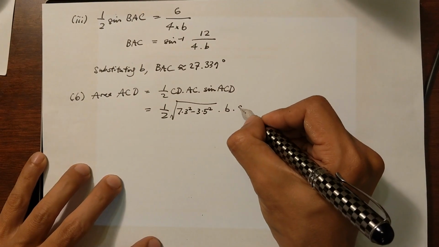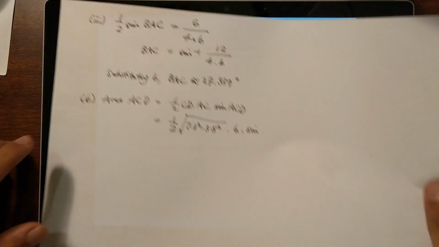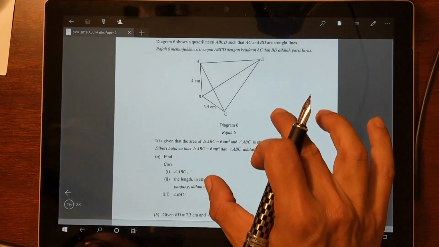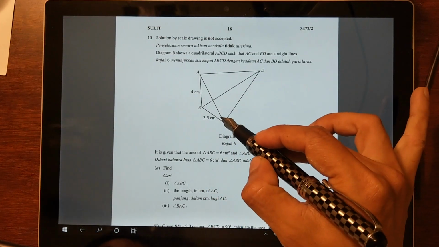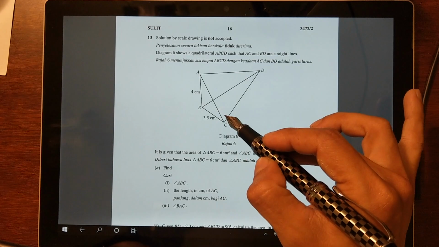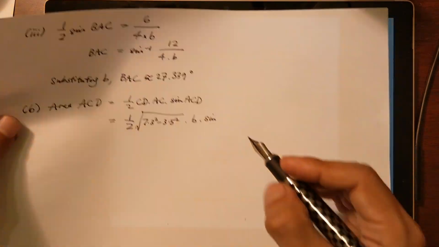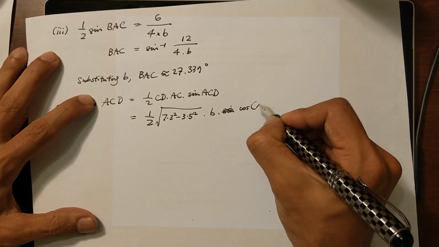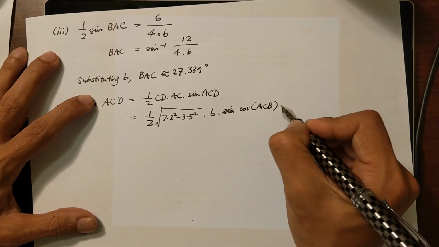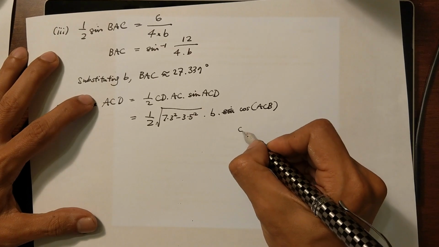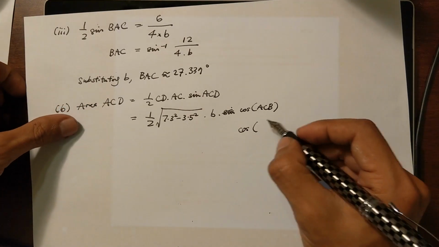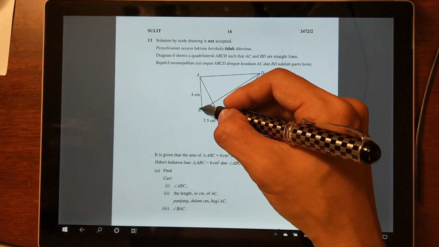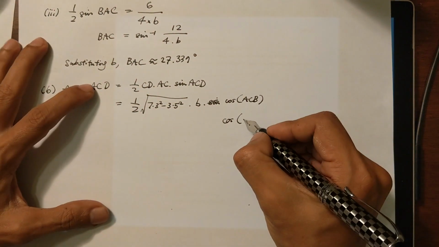Okay, and sine of ACD is simply cos of ACB. So let's change that to cos of ACB, which is, of course, cos of 180 degrees minus that angle and that angle.